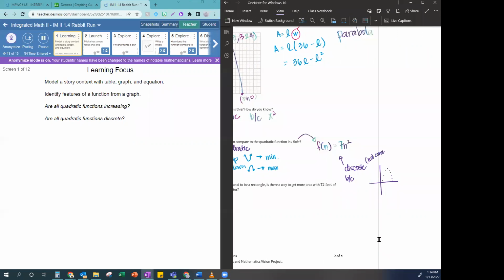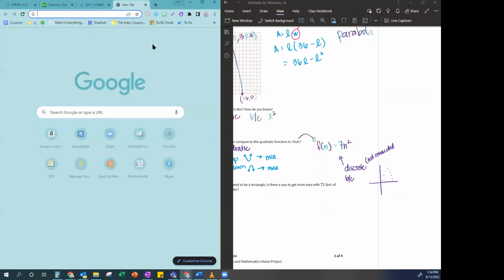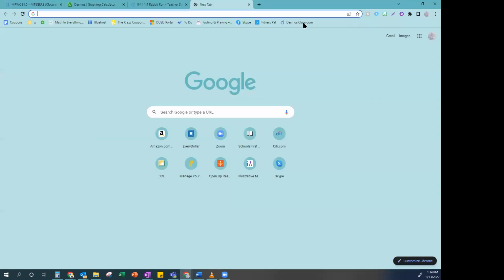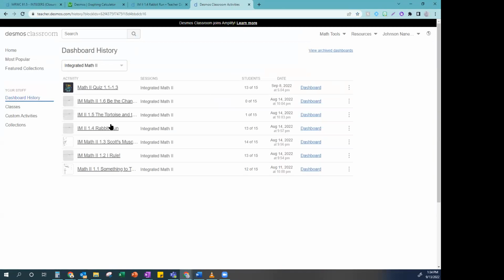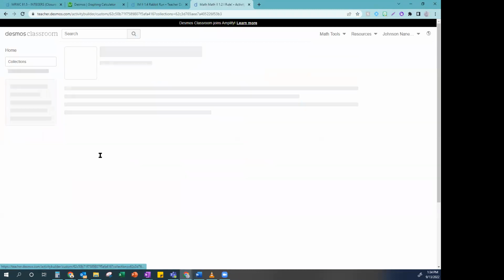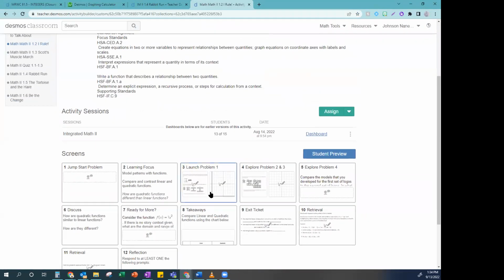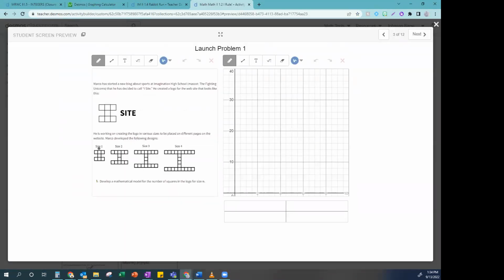So if we go back over, how do we do that the quickest way? Give me a second, let me pull it up real quick. Here it is. So when we were looking at this, size 1 was this, size 2 was this, size 3 was this, size 4 was this, right? Technically, it shouldn't have a curve.